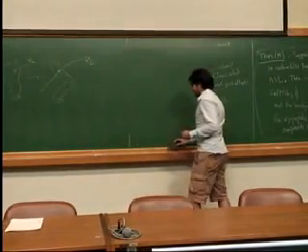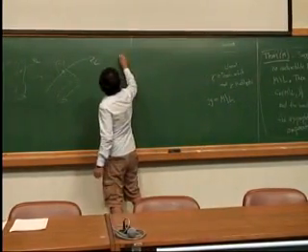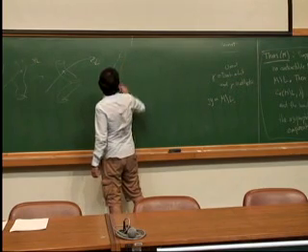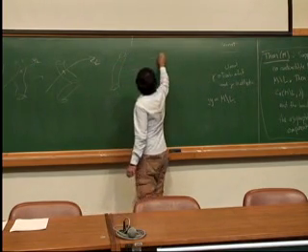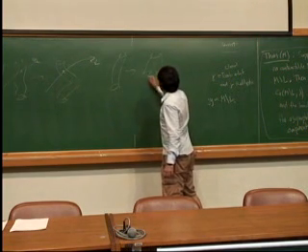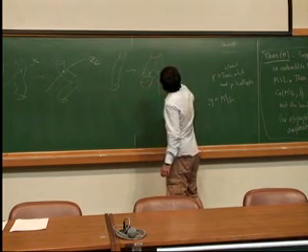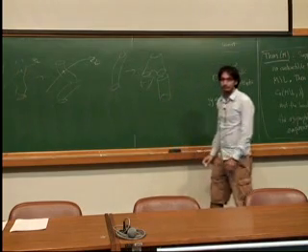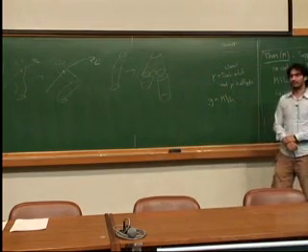The other bad thing that could happen is you could have a pair of pants bubble off. So you have this family of cylinders, and then we get some sort of bubbling like this. For example, this is possible.